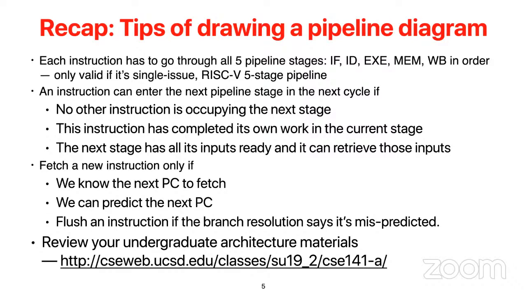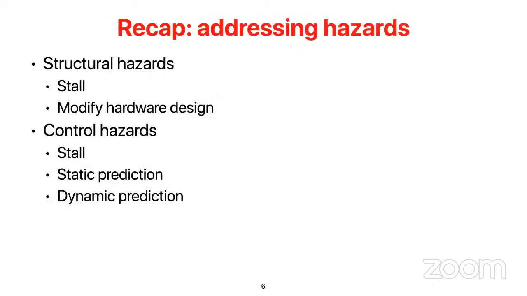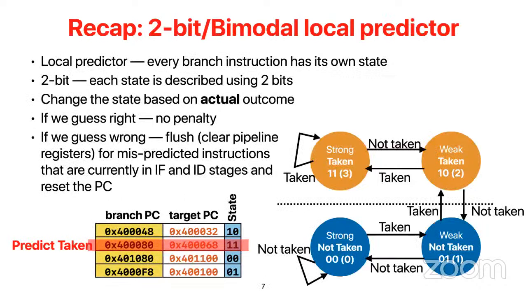We also have a summary of how to address those hazards. For control hazard, we talked about the bimodal local predictor and the global predictor.